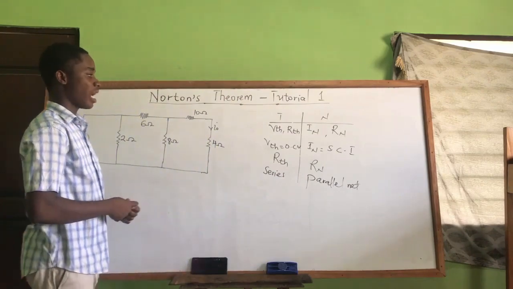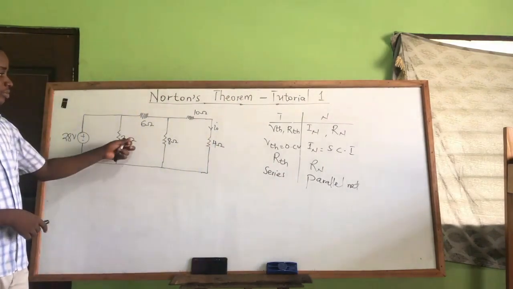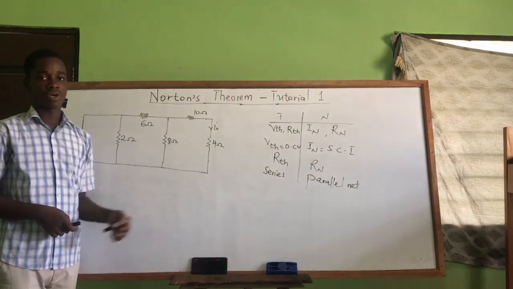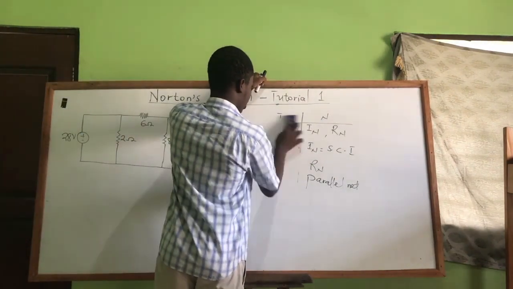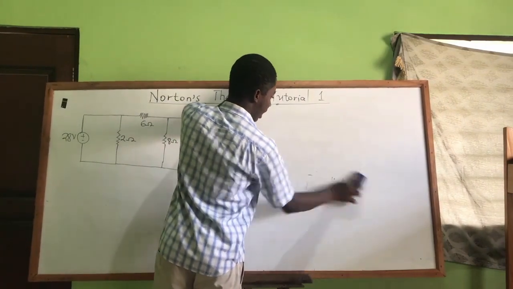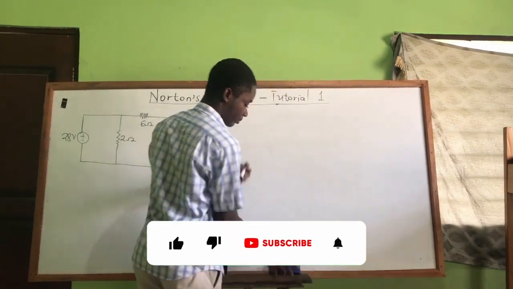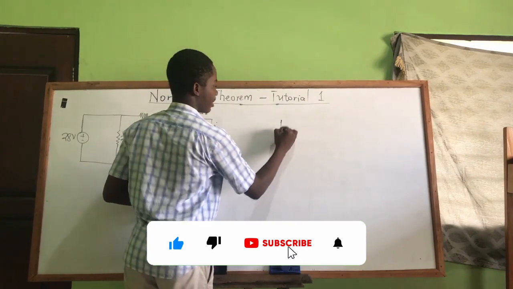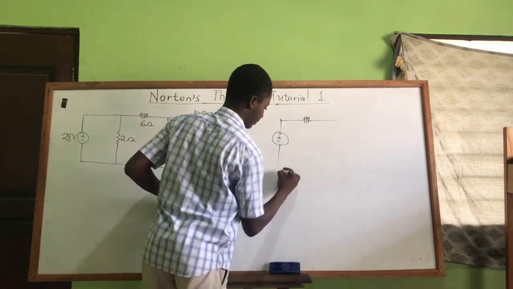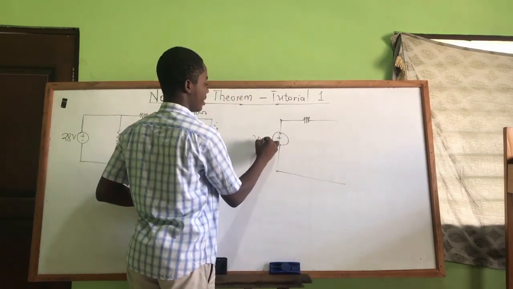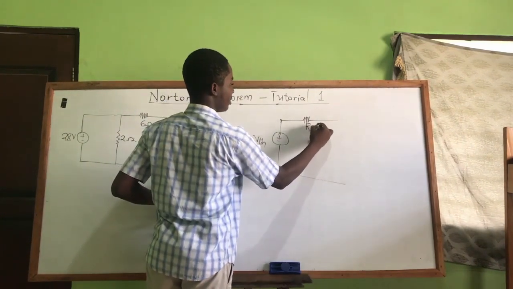So let's see how we can use Norton's theorem to calculate the current flowing through this 4 ohms. There is also one thing you have to note about Thevenin's and Norton's. You realize that the Thevenin's equivalent of a given circuit is like this. So we have VTH and RTH.